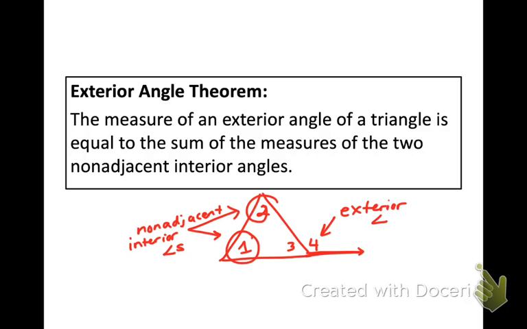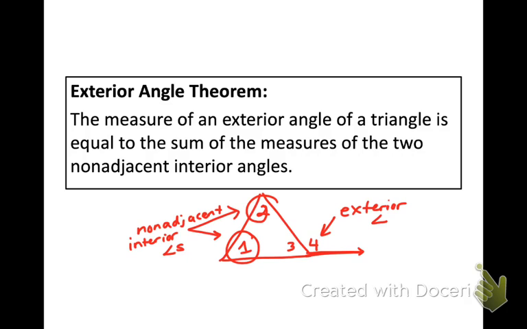Because they're not next to the 4. There's 3 interior angles. Those are 1, 2, and 3. 3 is the interior angle that is right next to 4. So 1 and 2 would be the non-adjacent interior angles.